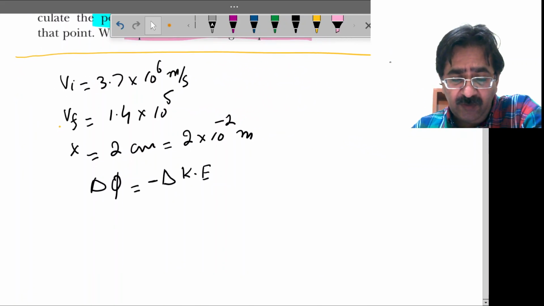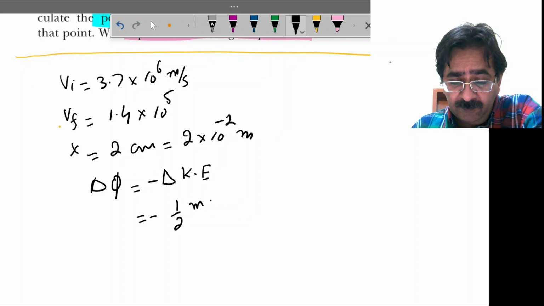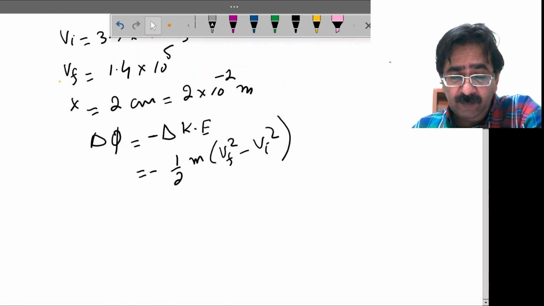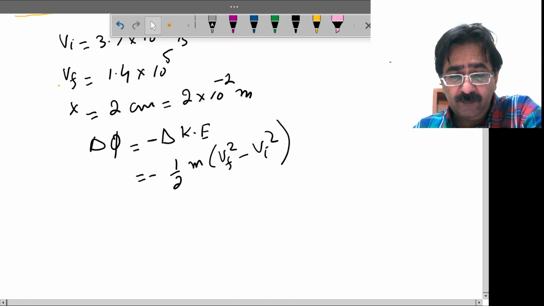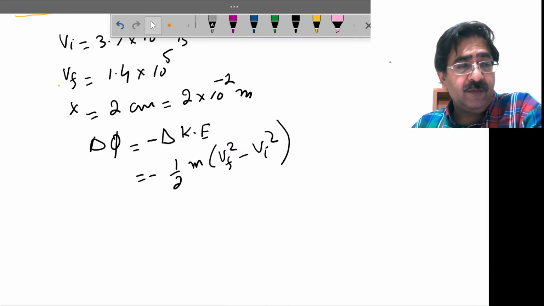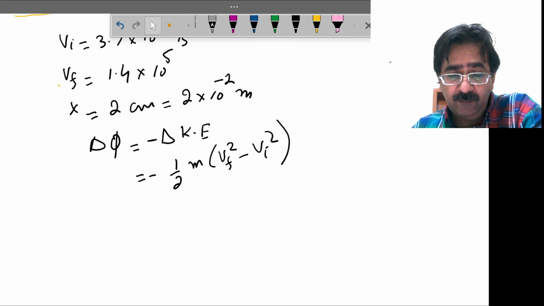And we know that that is equal to minus 1/2 m (vf square minus vi square). The meaning is very clear, there is nothing to worry about.